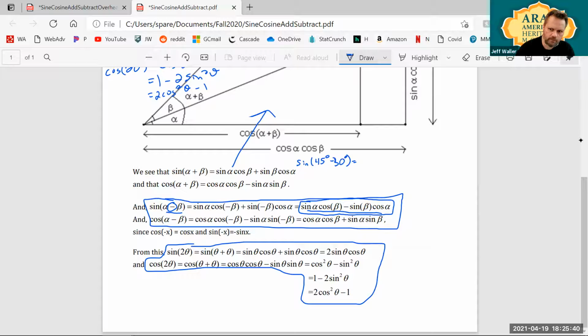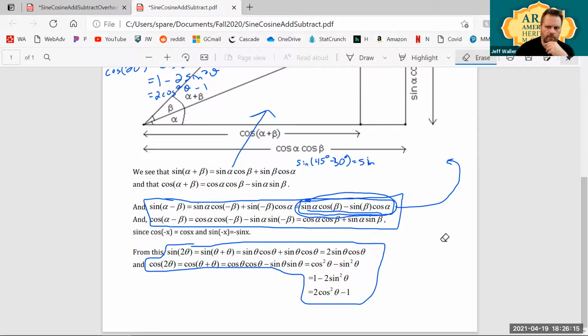So let's see. What would this equal? Sine of... so I know in general, sine of one angle minus another is sine of the first cosine of the second minus sine of the second cosine of the first.